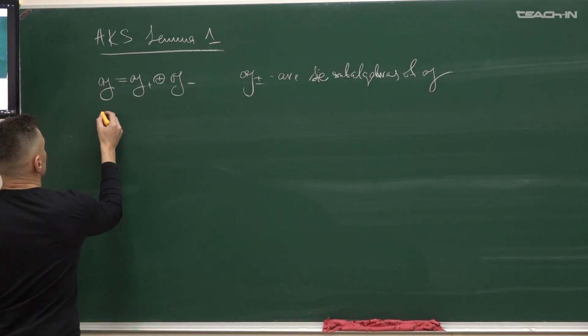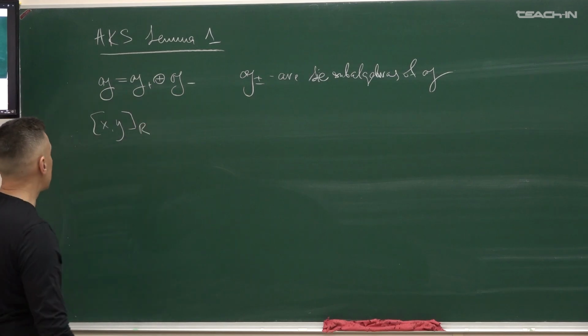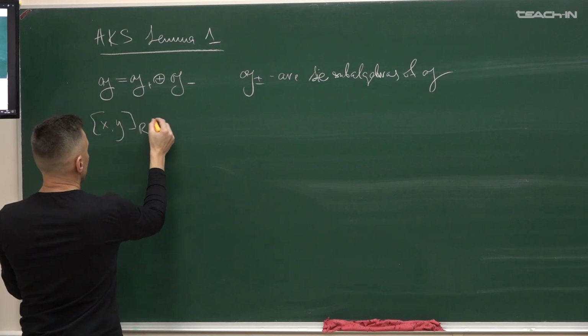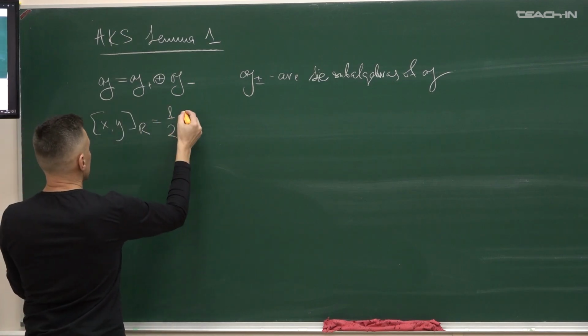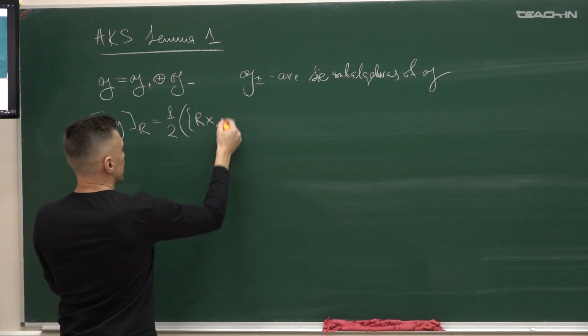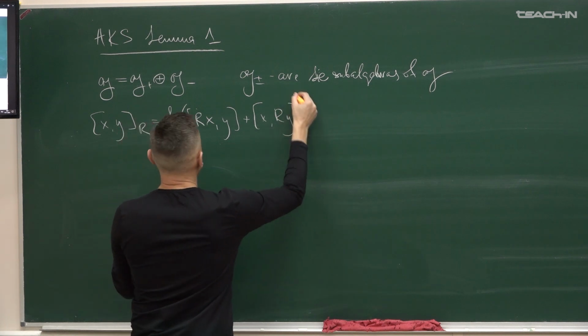We introduce some new bracket [x, y]_R on the linear space of G, and it is defined by the following formula: [Rx, y] + [x, Ry].